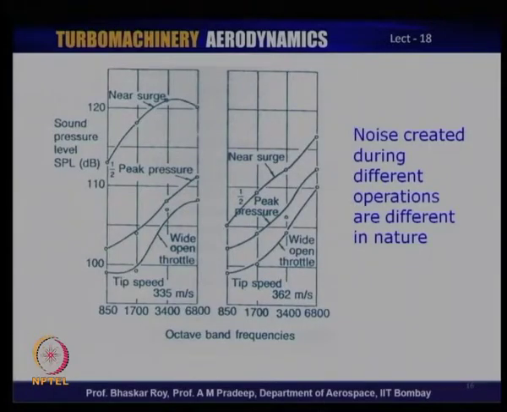We can see here, it also depends on the compressor operating condition. When the compressor is operating under normal open throttle operating condition in flight, the noise is normally somewhat on the lower side.